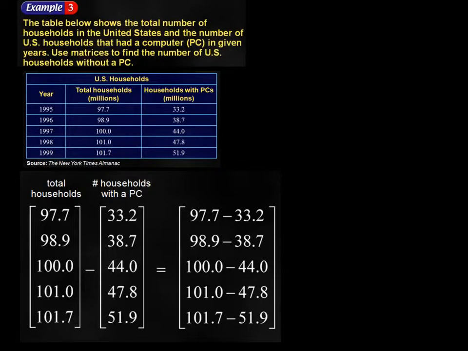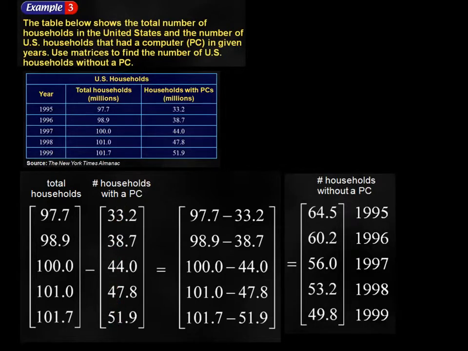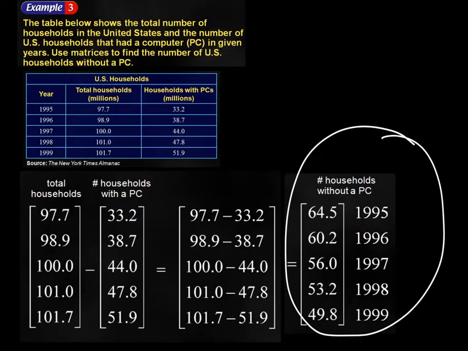So all they asked us to do was take the total number of households and the number of households with a PC and find the difference. And then once they found the difference, sure, we can add a label. And there's our solution. Could you have done this without matrices? Yeah, probably, but it's a nice way of organizing the data.